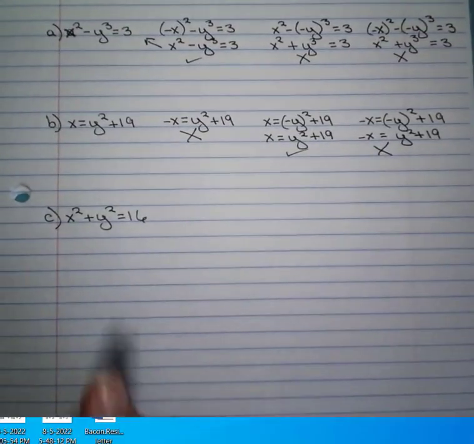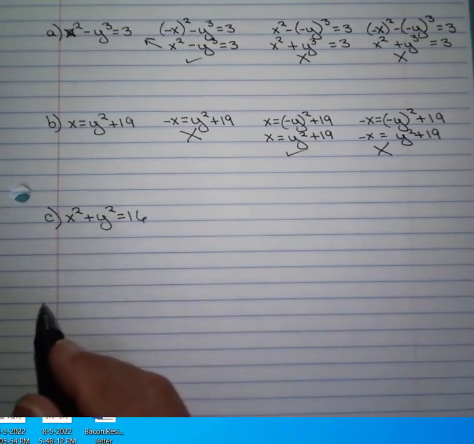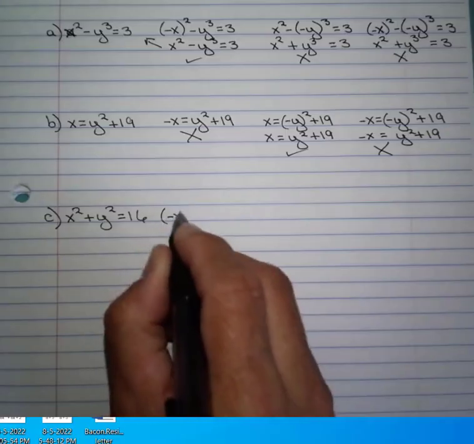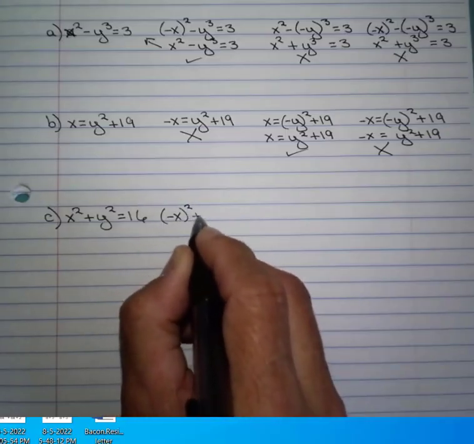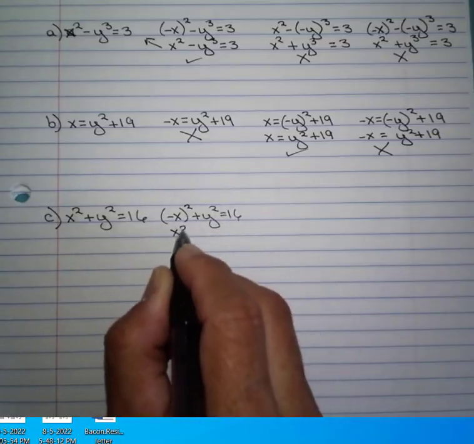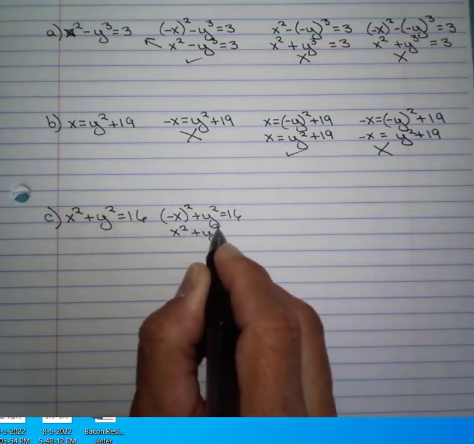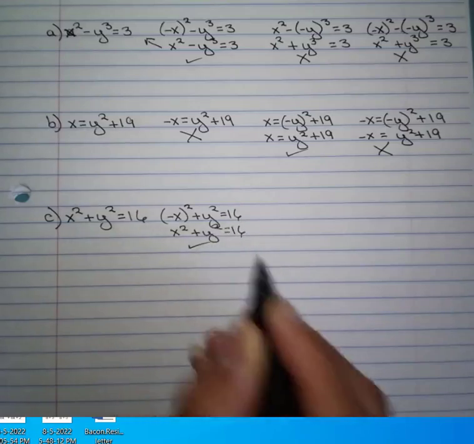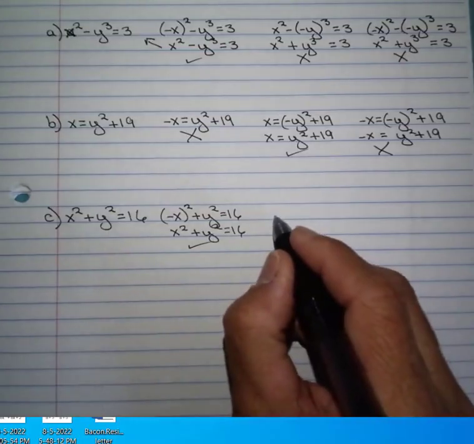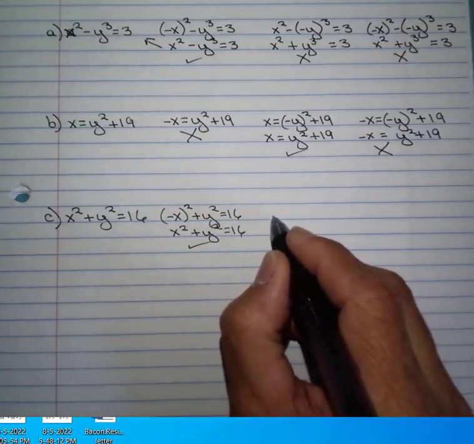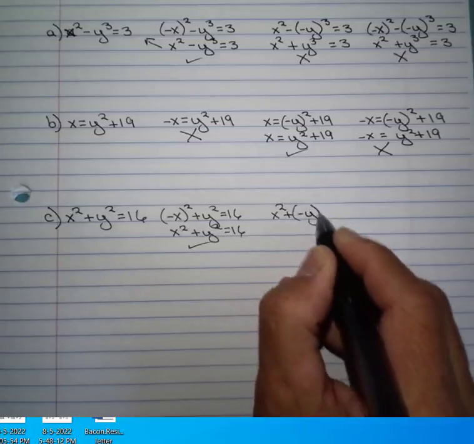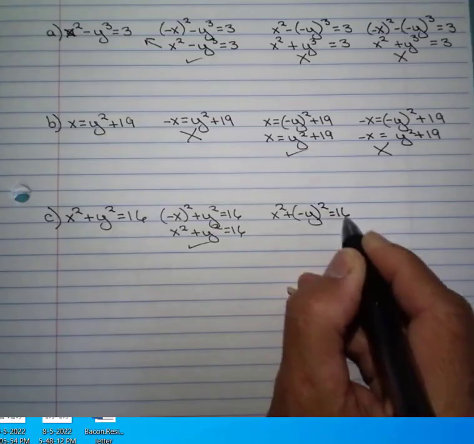One more to try. X squared plus y squared is equal to 16. So for x, I'm going to plug in a negative x. And I have negative x squared plus y squared equals 16, which would give me just plain old x squared plus y squared equals 16, and I'm good. It has y-axis symmetry. When I substitute negative y for y, I get x squared plus negative y squared equals 16.